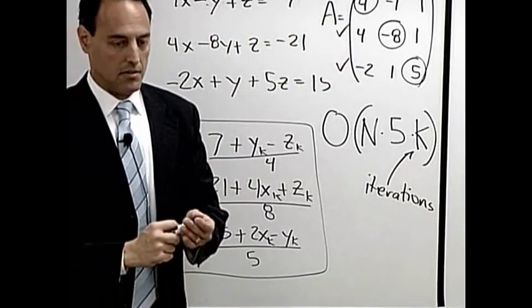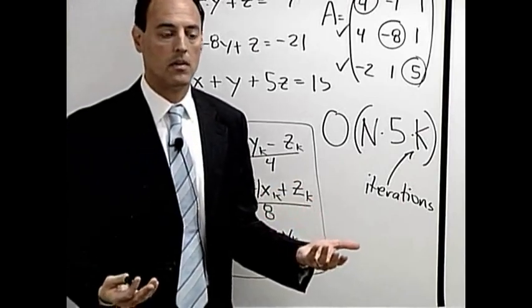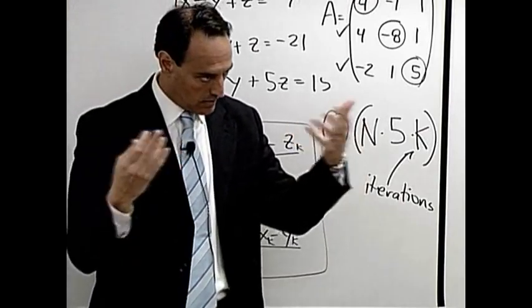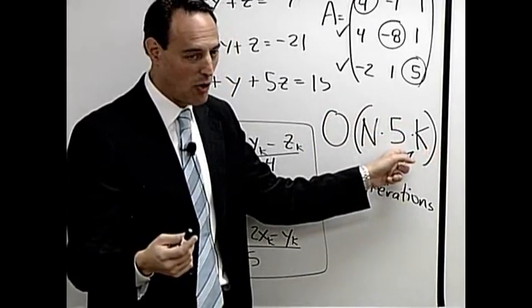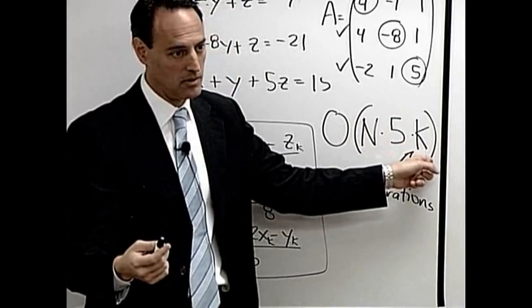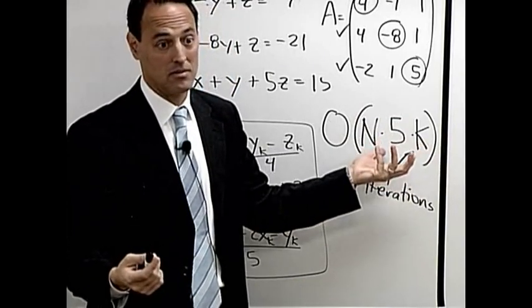That's your operation count. This is why this is important in large sparse systems, because you get this to be a small number. And what you're hoping to do is get that to be a small number. If these are both big, then this might be order n cubed.